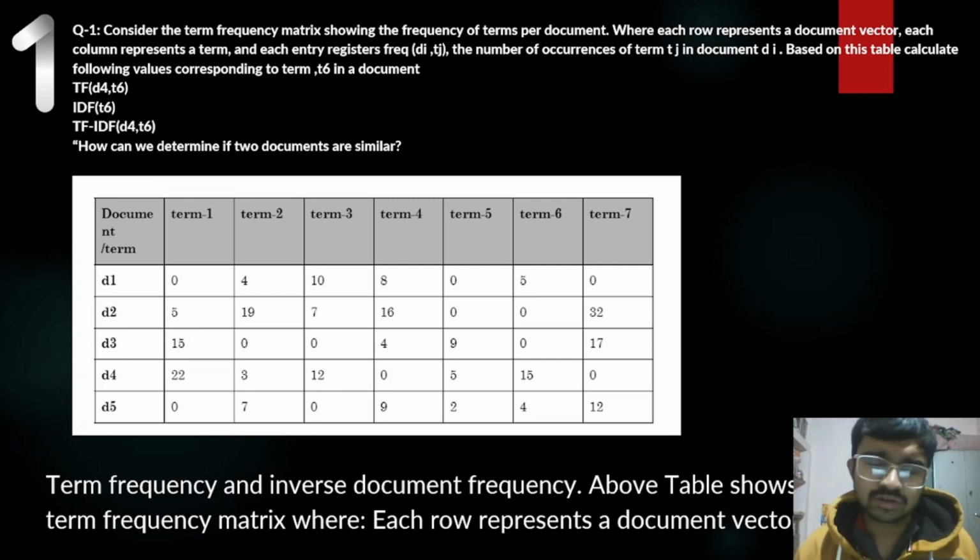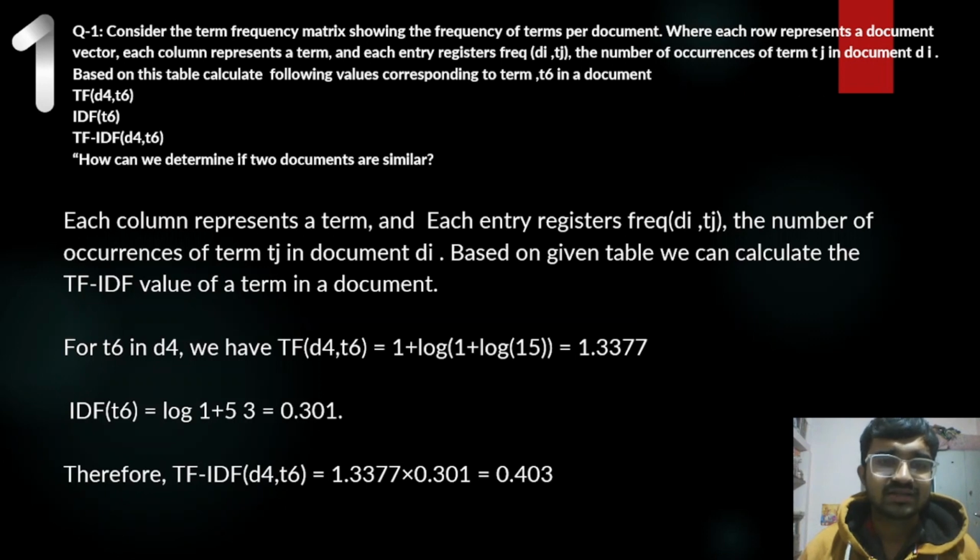So in this question, we have to calculate the TF, IDF and TF-IDF of D4 T6. To determine the TF or term frequency of D4 T6, we first use the formula 1 plus log of the frequency of T6 in D4 from the table.